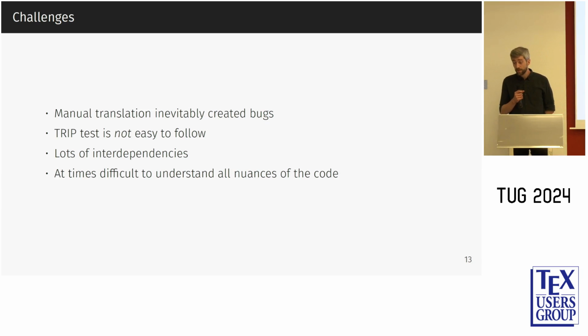And of course, at times, it's also difficult to understand the nuances of the code. The code is really well documented, but not every decision has been documented, right? Sometimes you sit there and puzzle, and often the answer is, oh, you save a byte somewhere. Sometimes it's also just because I don't know TeX well enough, so I need to understand what it's actually supposed to be doing, and then I can understand the code.